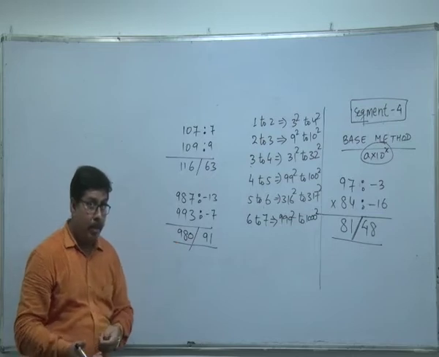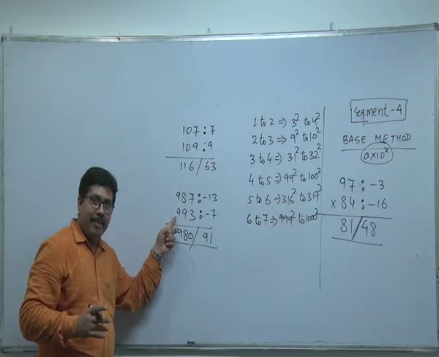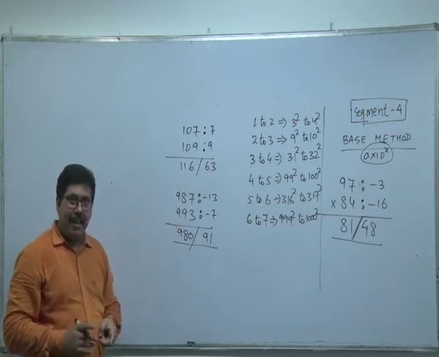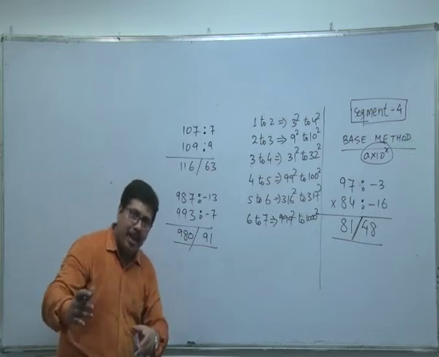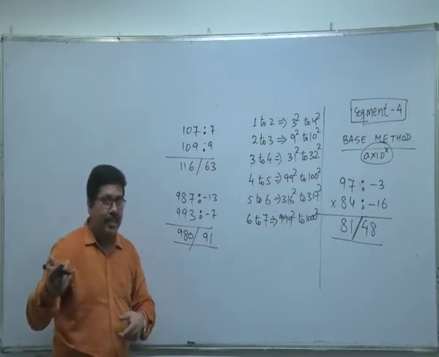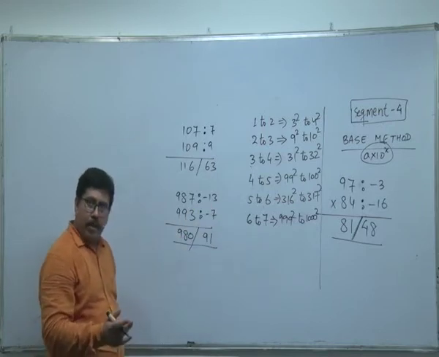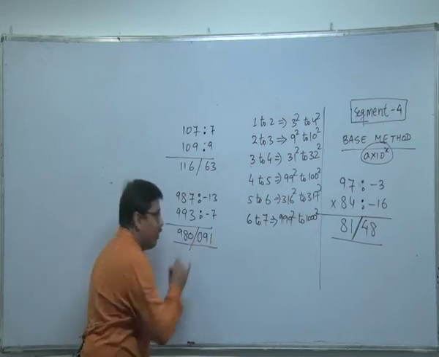But you can quickly sense both the multiplicands are greater than 317 and less than 999. So the number of digits in our result should be 6. Right? So we are required to place 0 before this 91.